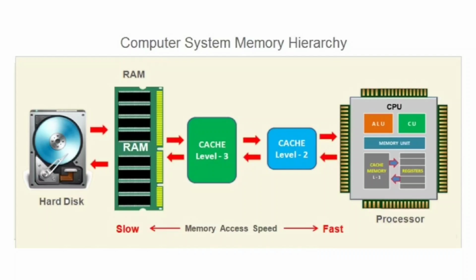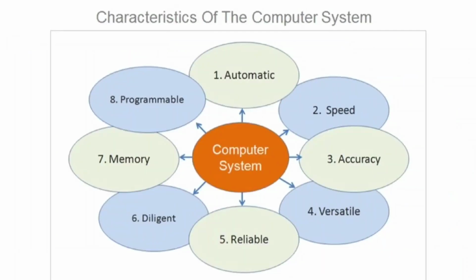That is the purpose of using this secondary device. We don't use the primary device for that. Primary storage is the RAM, and the secondary storage device is the permanent one. If you are using primary storage, you get a slow process, and if you are using a secondary device, you get a fast process. So this is the memory hierarchy of the computer system.